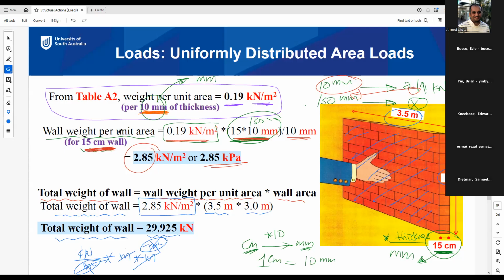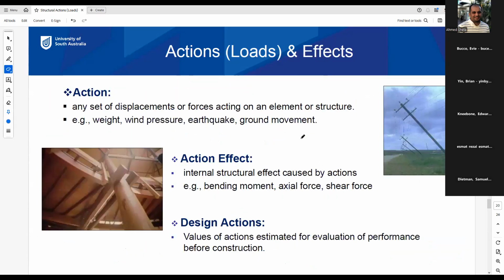The weight per unit area is in kilonewton per square meter. The weight is in kilonewton. Okay. So this was another example of calculation of the weight and weight per unit area of the wall. So we can go now to the next part.